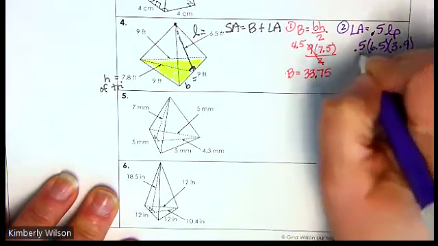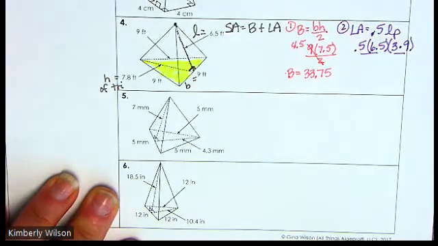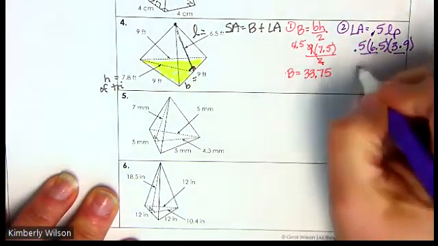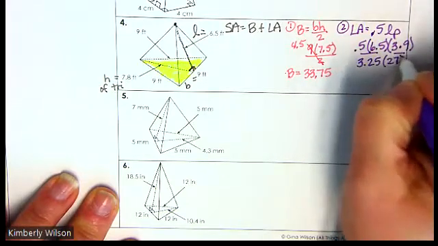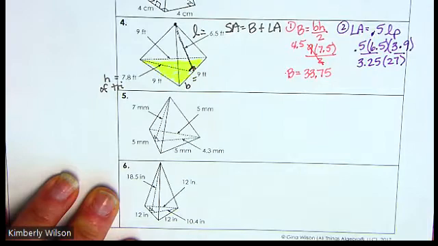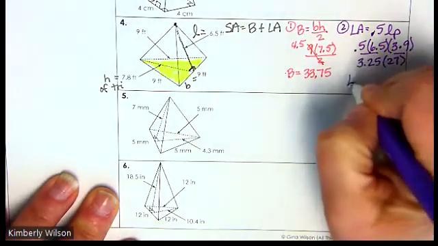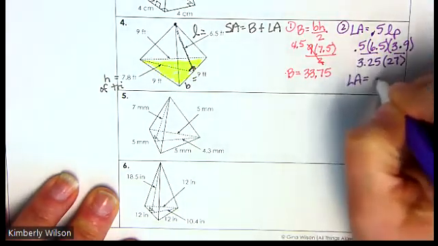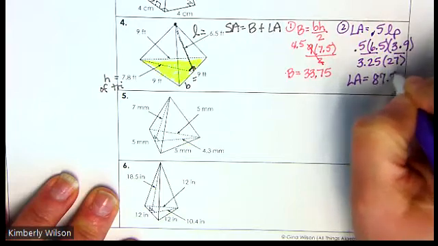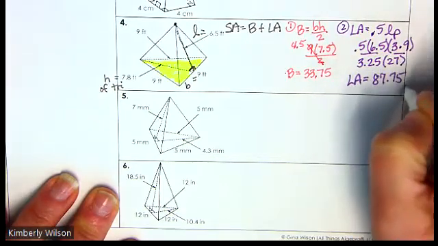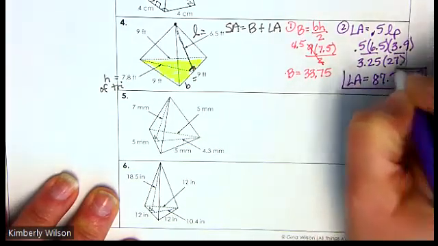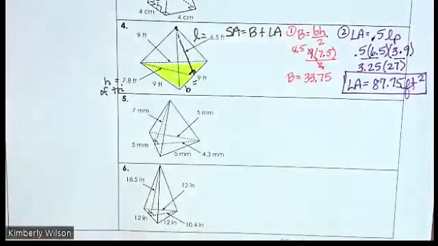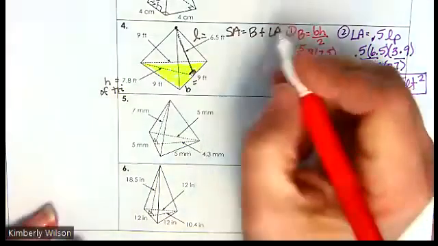Here we go. So now we simplify. So I have 0.5 times 6.5, which gives me 3.25 times 27, which gives me that my lateral area is 87.75 feet squared. Found my first answer. Now we take these numbers and we plug them in.